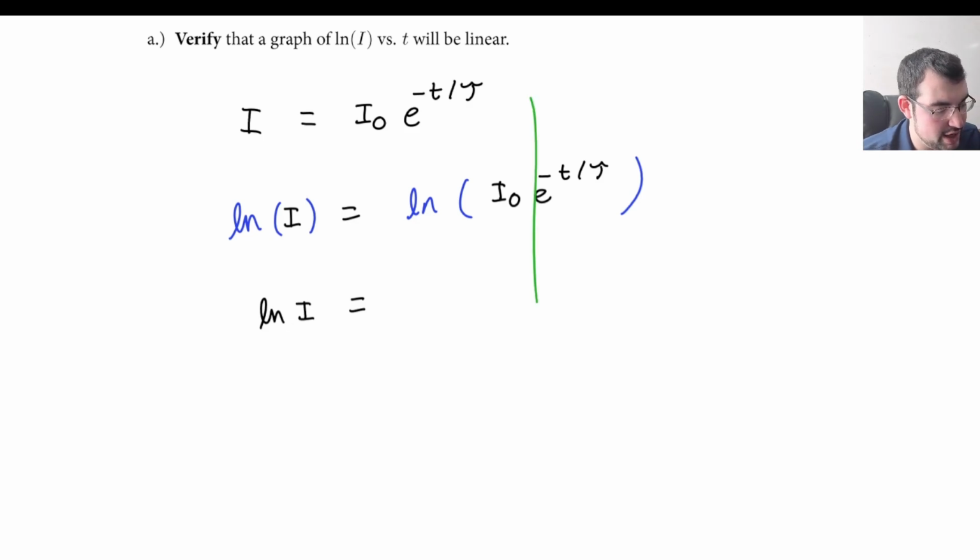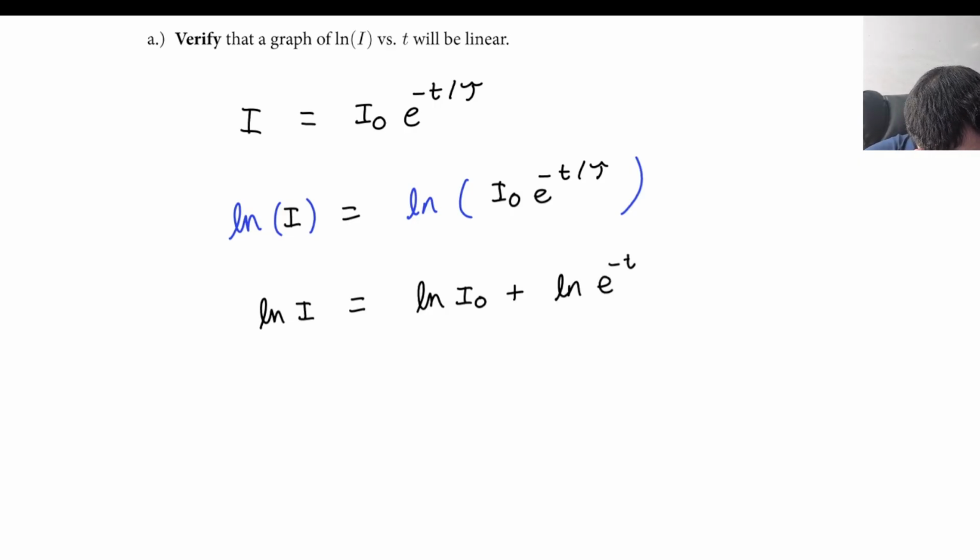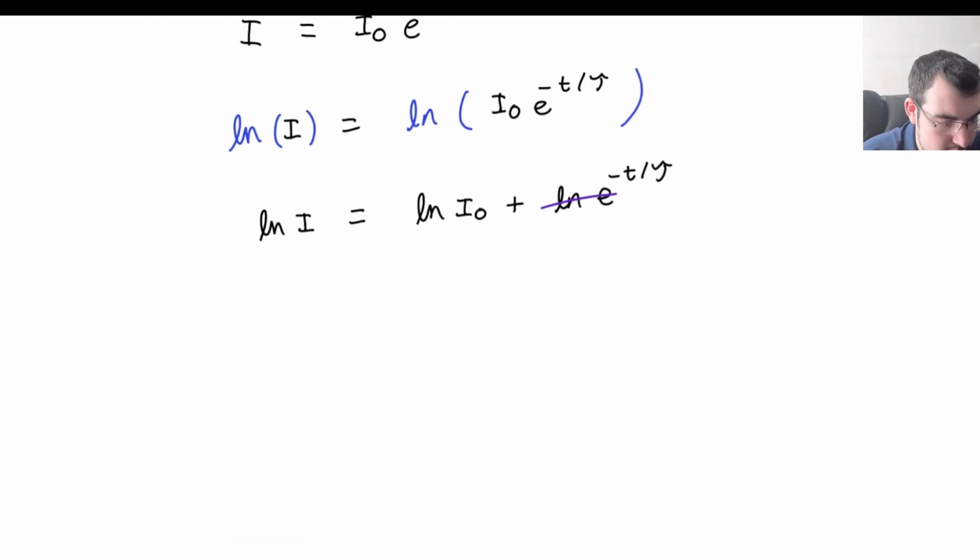So if you're trying to break apart a logarithm of a product, that is addition. So we can write this as ln of I0 plus ln of e to the negative t over tau. And now we can cancel because ln and e are touching each other. So we get ln I is equal to ln I0 plus negative t over tau, so minus t over tau.